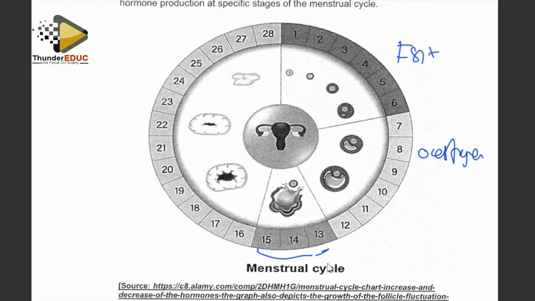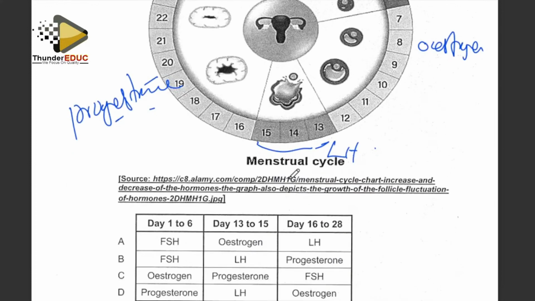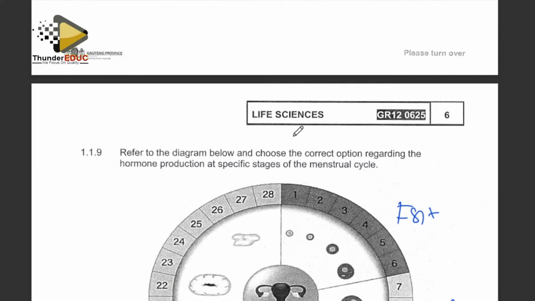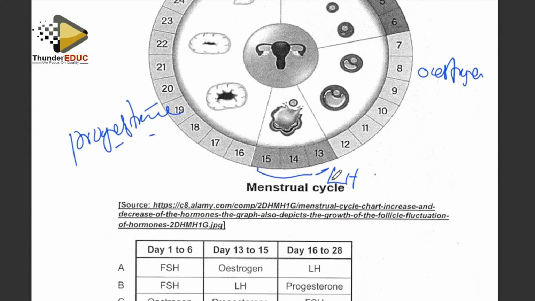This stage we find LH being produced too much. Here we find progesterone being produced too much. All right, so now we start here.